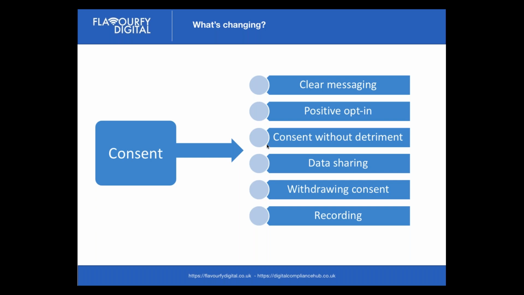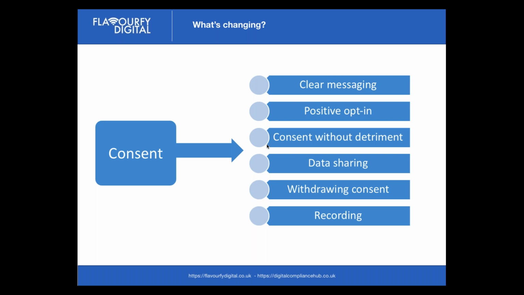That kind of wording is gone. You're not allowed to do that anymore. It has to be very clear how they are giving and delivering their consent for you to process the data for the purpose for which you're collecting it. So if consent is your lawful basis for processing, you need clear messaging, and you need a positive affirmative action by the data subject to ensure that they are delivering that consent.